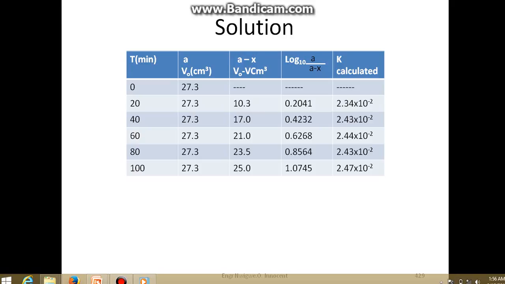Then we can now calculate the constant by substituting the values we have.